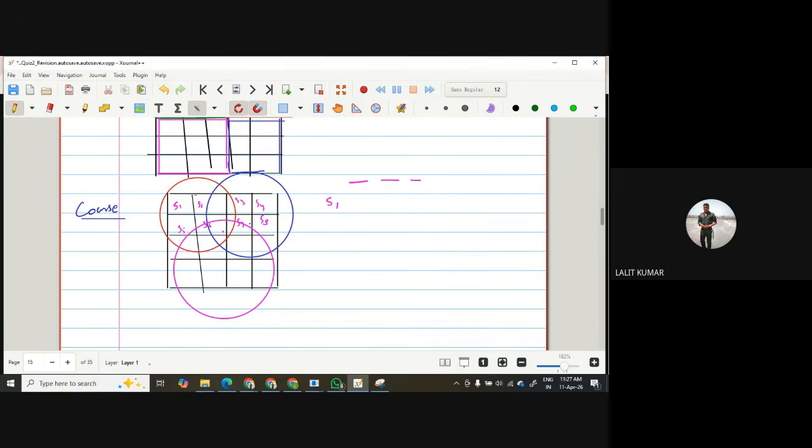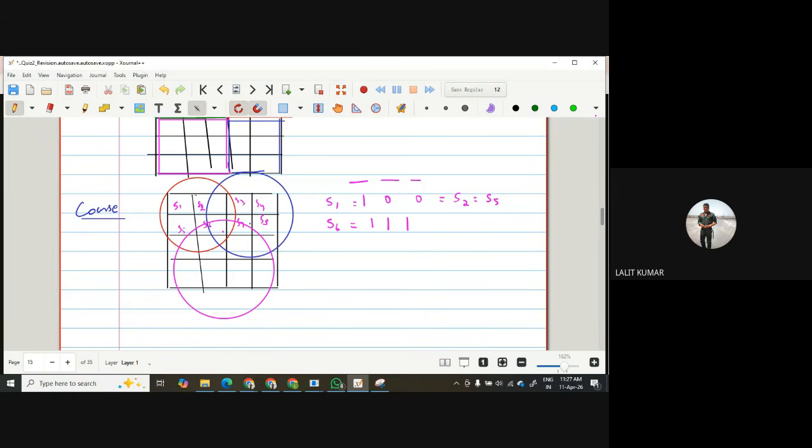S1 has only the red circle, so it will be 1, 0, 0. S2 will be the same, and S5 will also be the same. But in S6, all three circles are there, so it can be represented as 1, 1, 1.